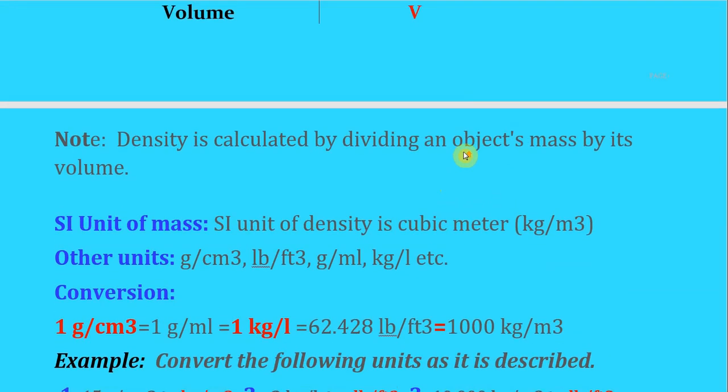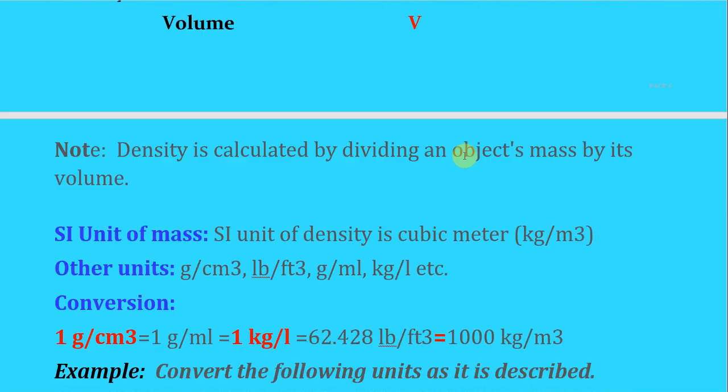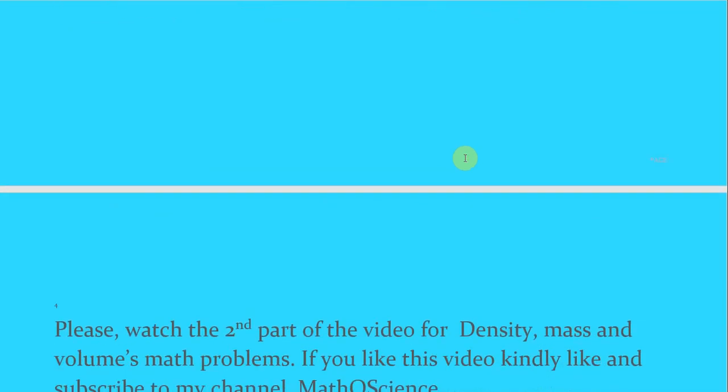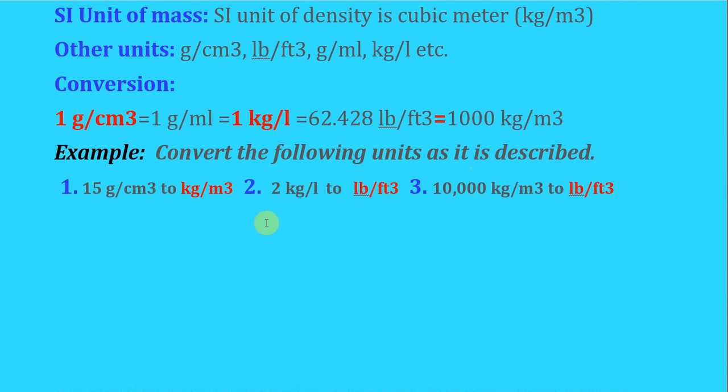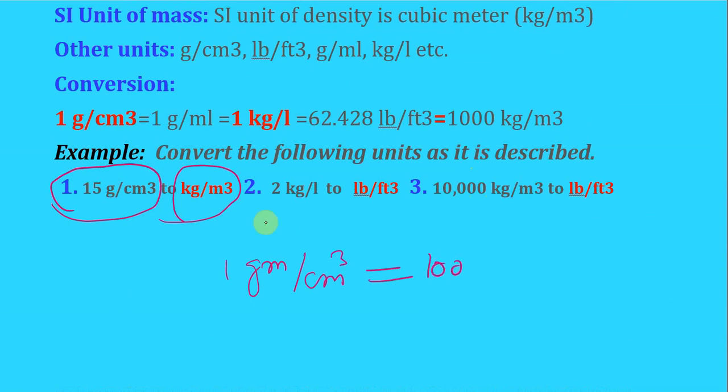Let's do some questions here. For example, we have to convert 15 gram per cubic centimeter to kilogram per cubic meter. So we have to find out the relation. What is the relation? The relation is 1 gram per centimeter cube is equal to 1000 kg per cubic meter, and we have to find out about 15 gram.